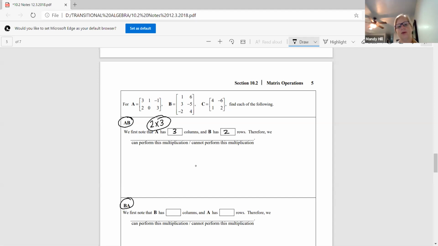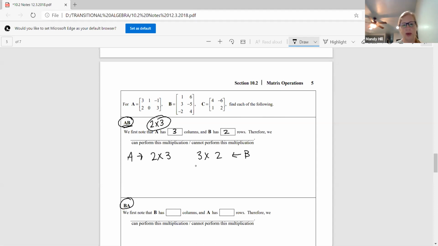So matrix A is a 2 by 3. Matrix B, and I'm going to write this backwards and I'll show you why, has 3 rows and 2 columns. If this number, and it has to be in this order, right?